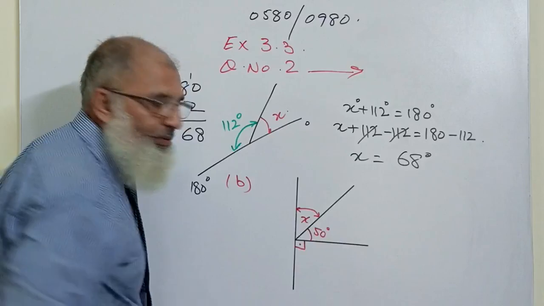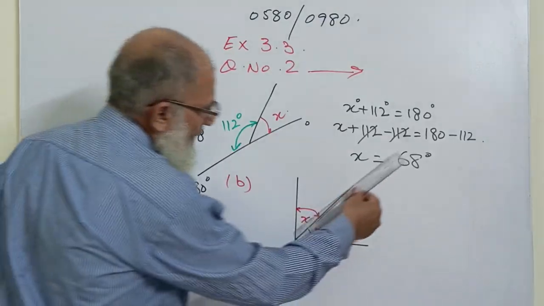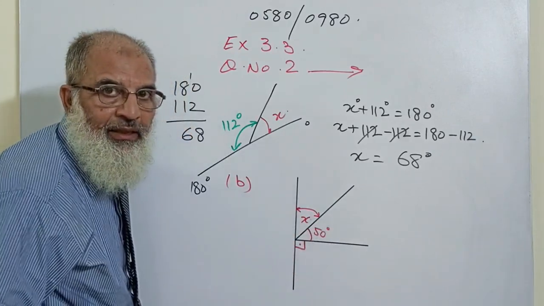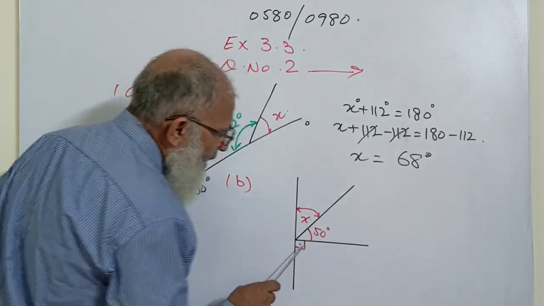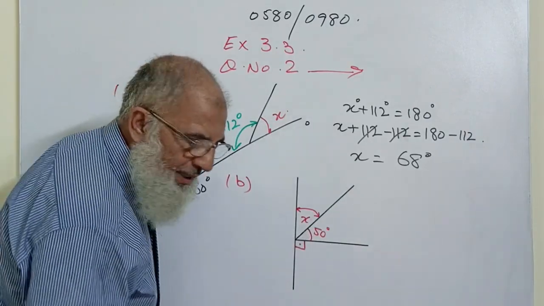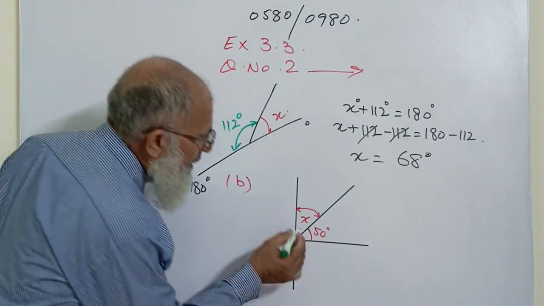If I hide this 50-degree angle, then there are two angles only, this angle and this angle. If this is 90 degrees, then this remaining portion is also 90 degrees. I mark it with the green color.